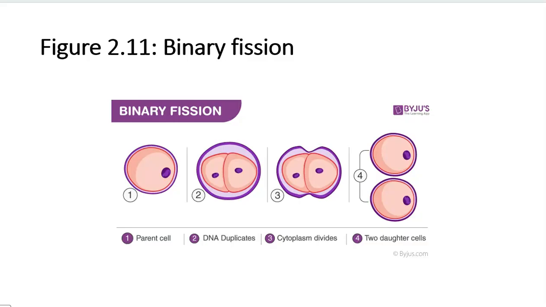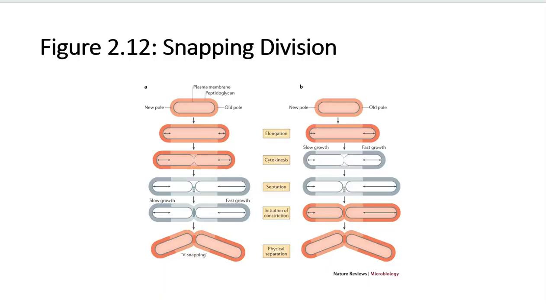When a bacteria is introduced into the tissue and it's viable and dividing, you can have an infection pretty quickly. Okay. You can have snapping division, where it basically makes a V snap. This is kind of unusual. We'll talk about this when we go through these organisms, but certain bacteria are identified by this V snapping shape.